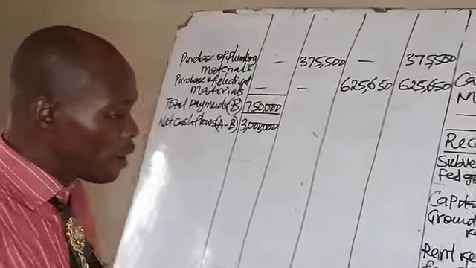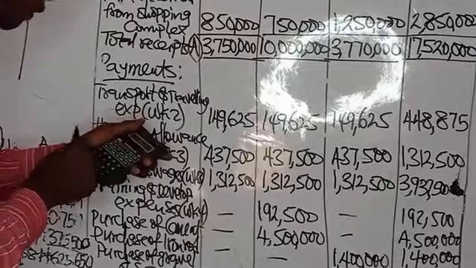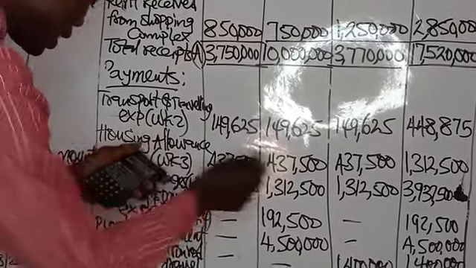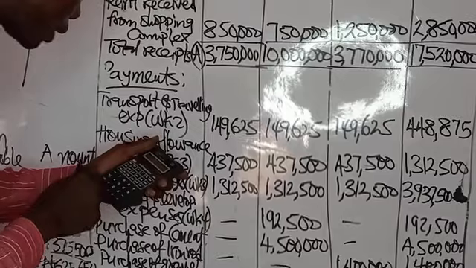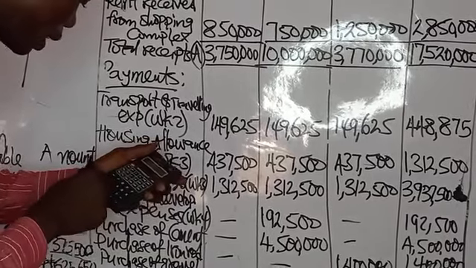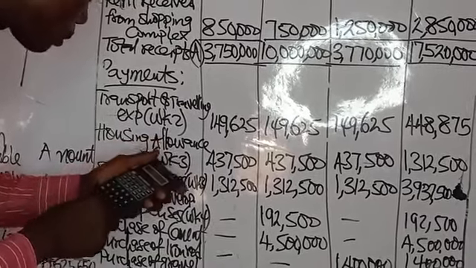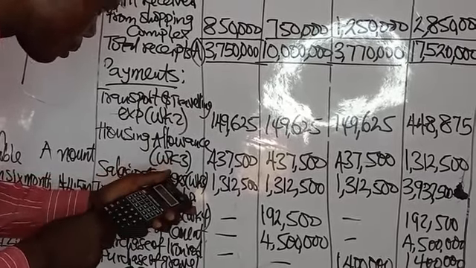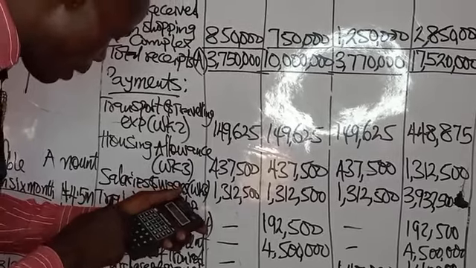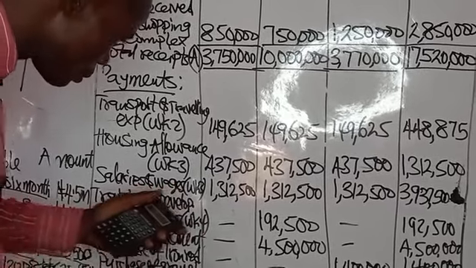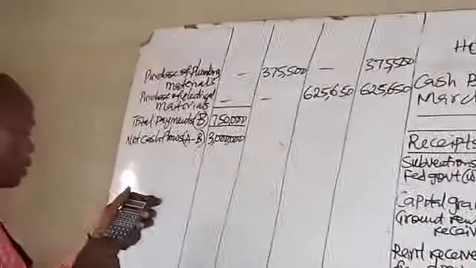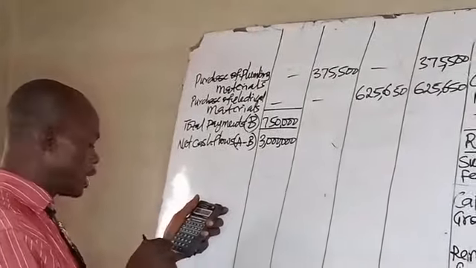In the month of February, total payments: 149,625 plus 437,500 plus 1,312,500 plus 192,500 plus 4.5 million plus 375,500.